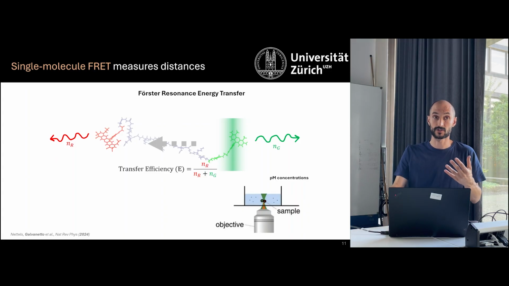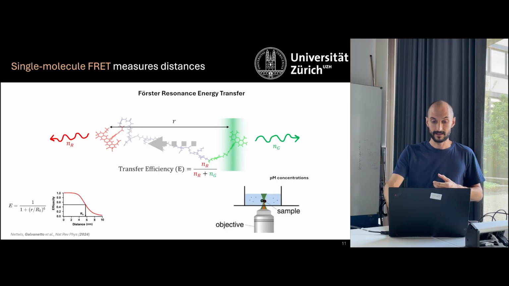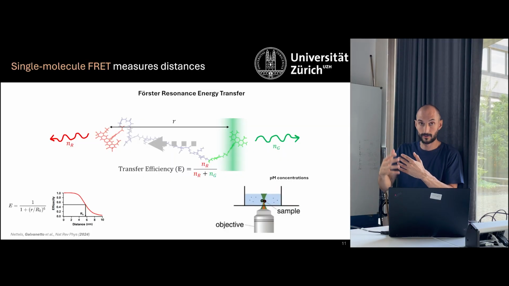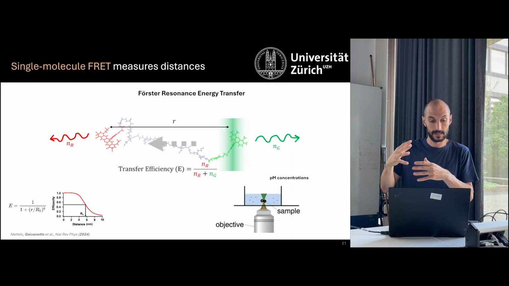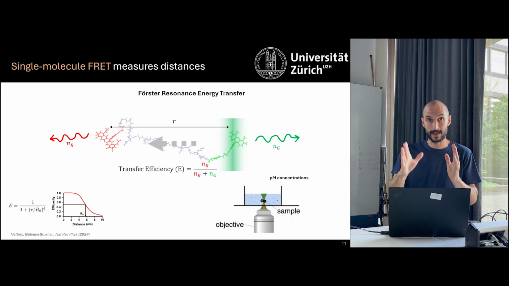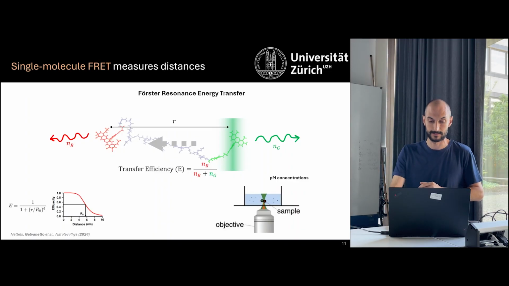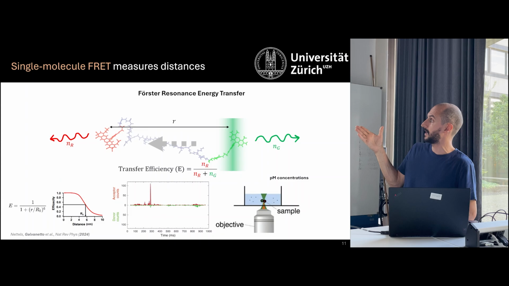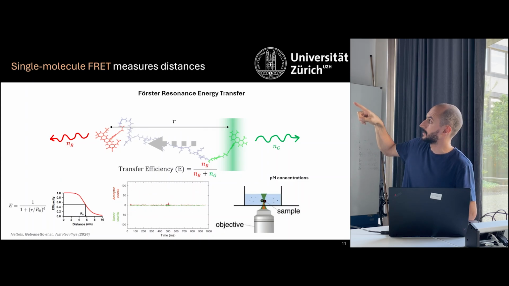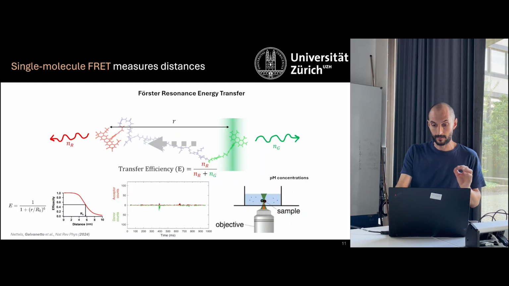We can calculate the transfer efficiency counting the emitted photons, and the ratio between the red photons and the sum of the green and red is distance dependent. So we can be very sensitive between about 2 to 8 nanometers. Now here is an example of an actual experiment where we see these bursts. Each burst is a single molecule floating in this chamber.